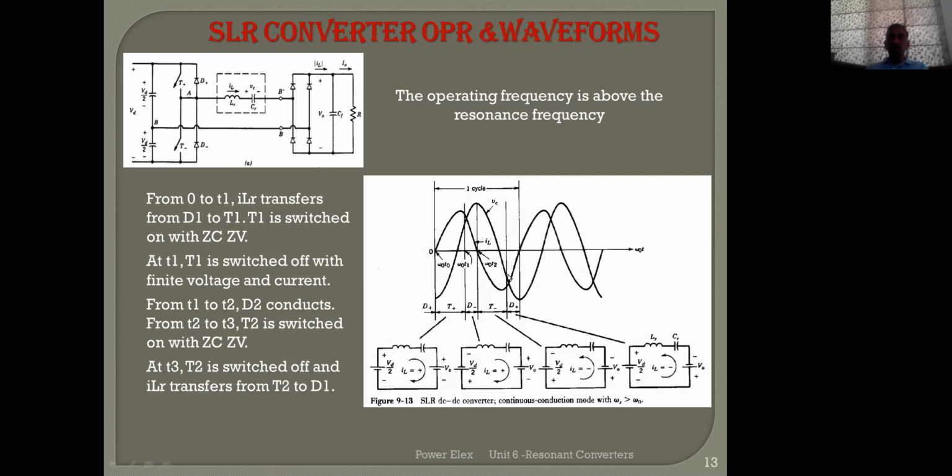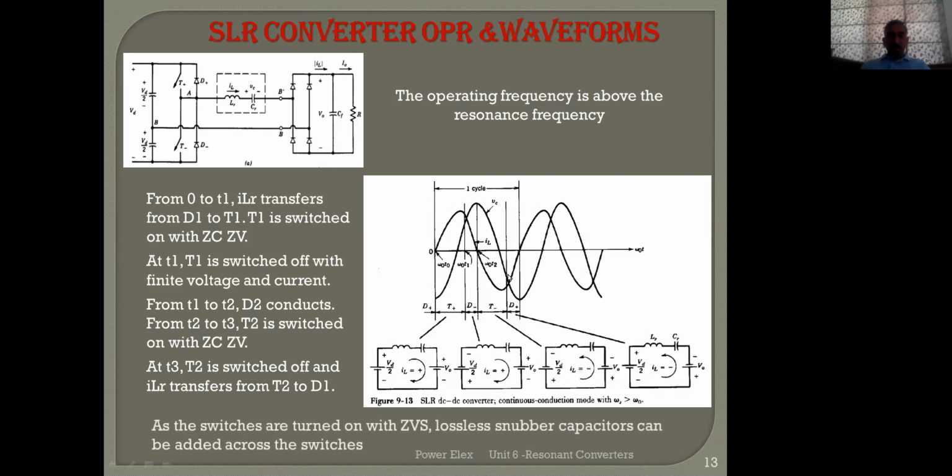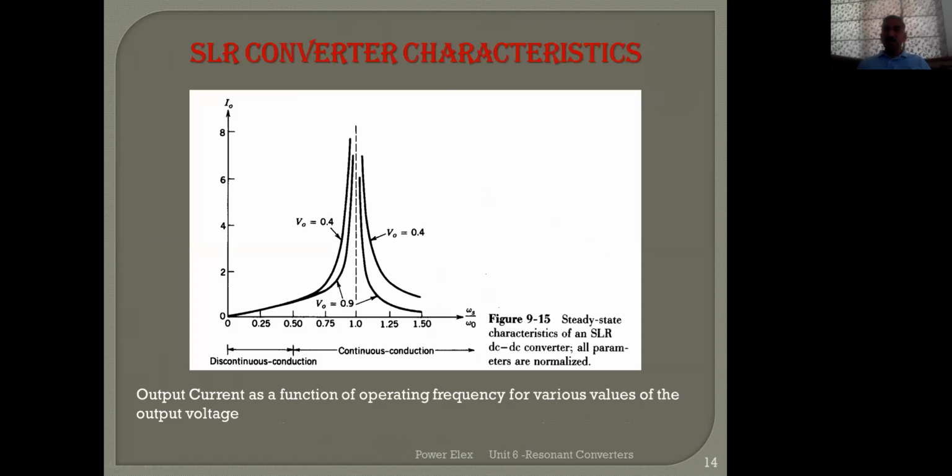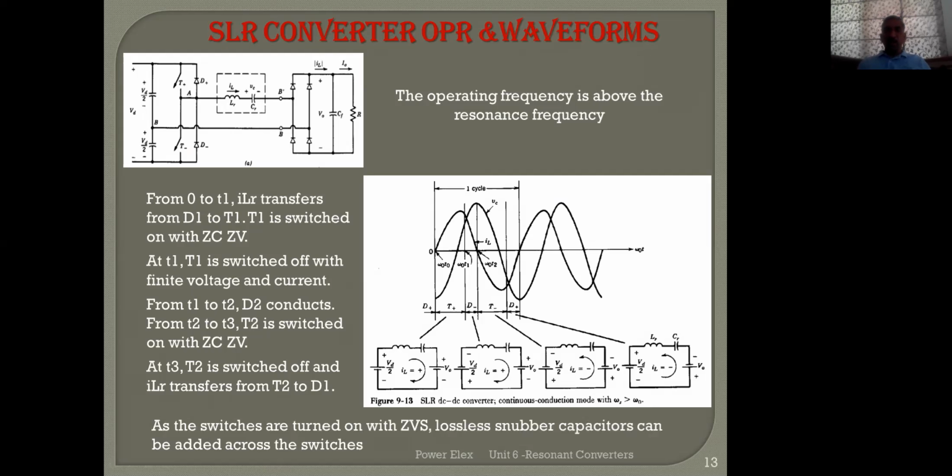Means while turning on, zero voltage, zero current switching is ensured. While turning off, it cannot be ensured. So as these switches are turned on at ZVS condition, we can add snubber capacitors across them, lossless networks, in order to protect them against the highest dV by dt occurring at the moment.